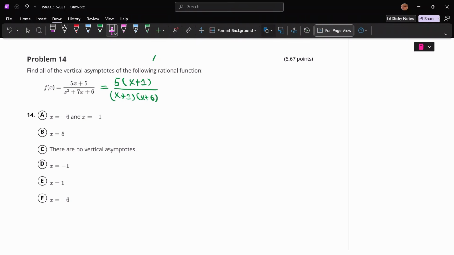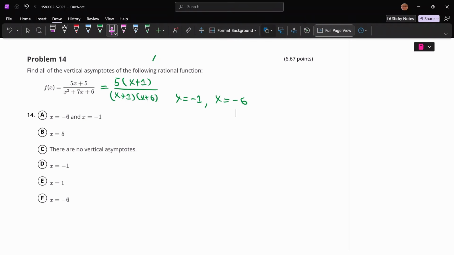There is also the possibility of holes, which in fact we do have a hole here, and I'll explain why in a second. So obviously we can point out where our discontinuities are, because we have divide by 0 terms here, where we end up with x equal to negative 1 and x equal to negative 6. The problem is this is the only term that's going to give us a vertical asymptote, and this is going to be a hole.